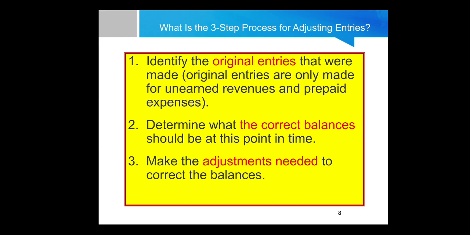In step 2, you have to know how to apply the matching principle and revenue recognition principle. Step 3, make the adjustments needed to correct the balances. It is not very difficult, but you have to see many examples before you get the logic.